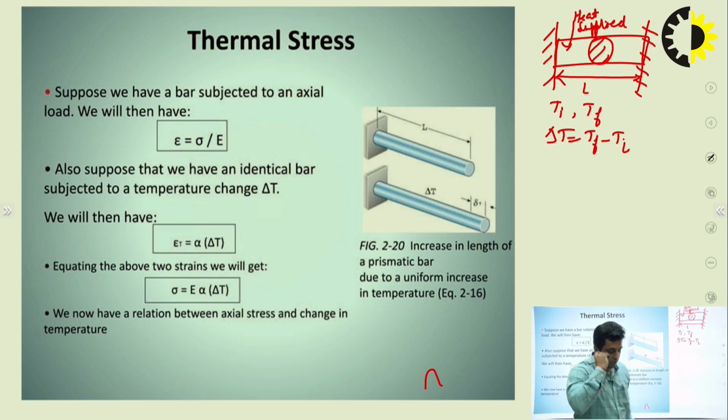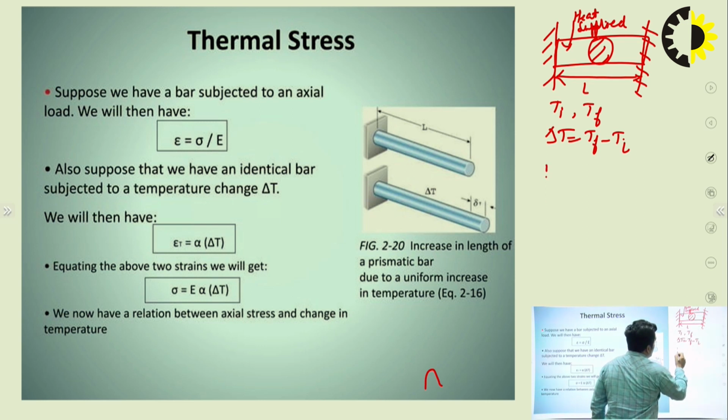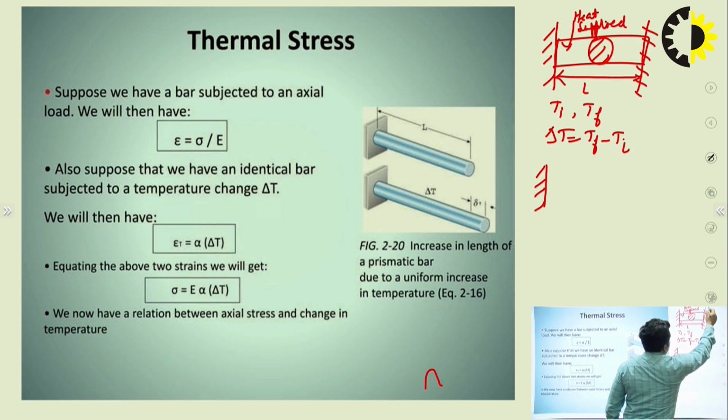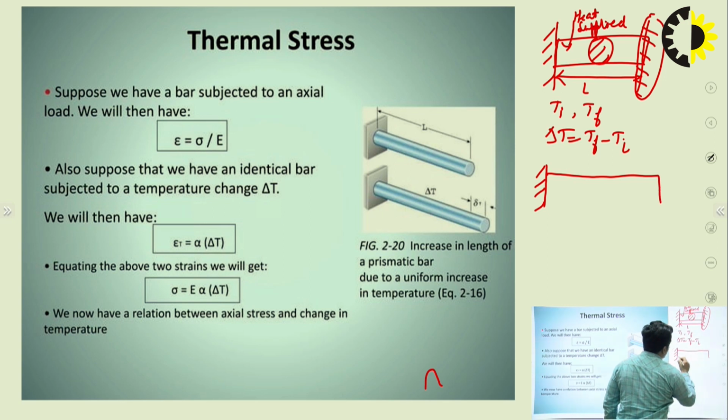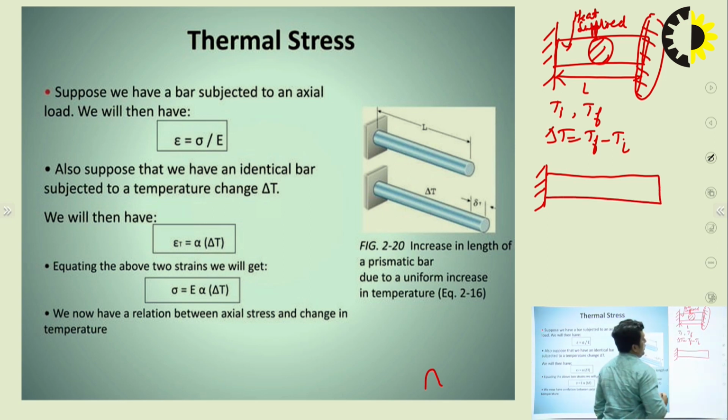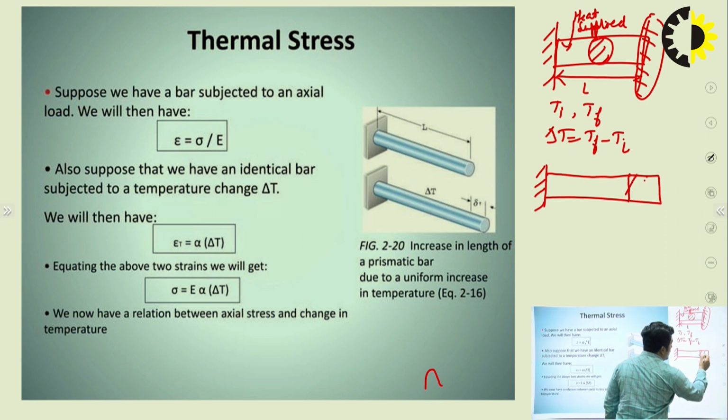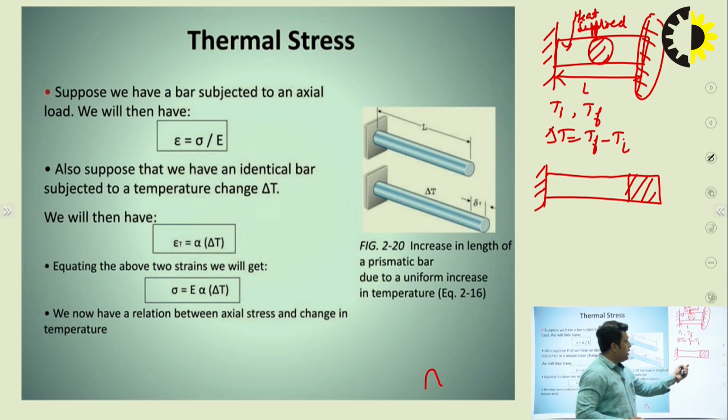Now suppose the body is free at the right hand side, with no restriction from this end, and after the increase in temperature the body comes to this point. This extra portion is obtained when we have freed this restriction.